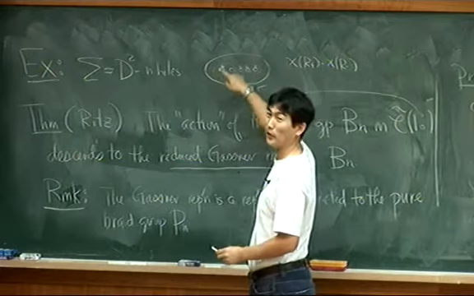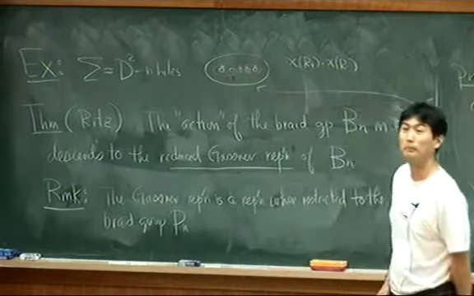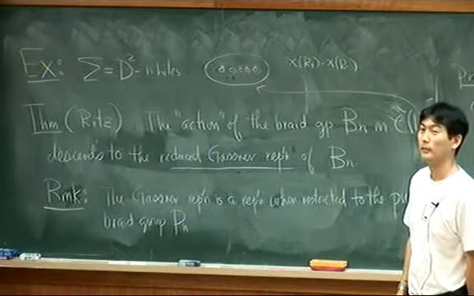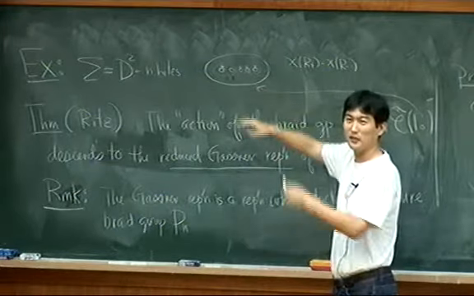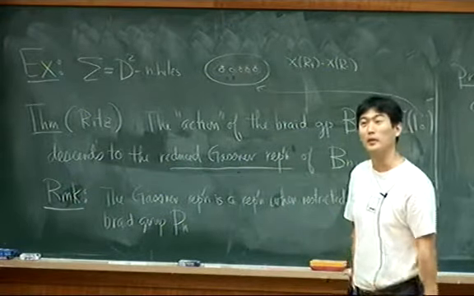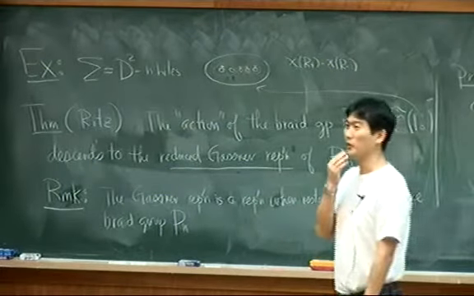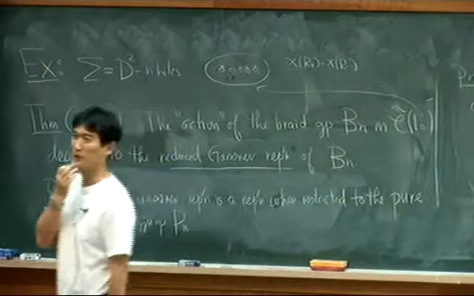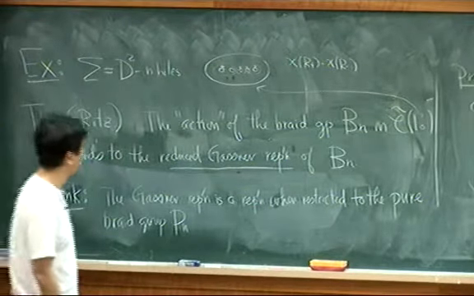If you have n holes, it's generated by n minus 1 elements. So it's basically like the homological representation, except it has other things attached to it. Oh no, it's not the homological; it's the reduced homology representation or something.